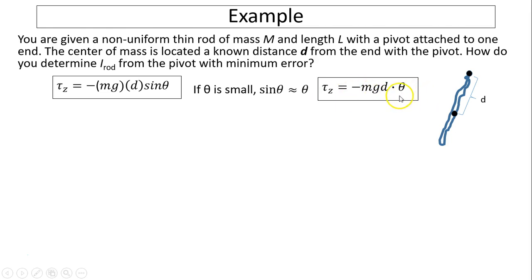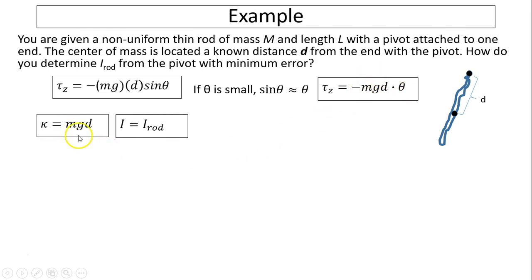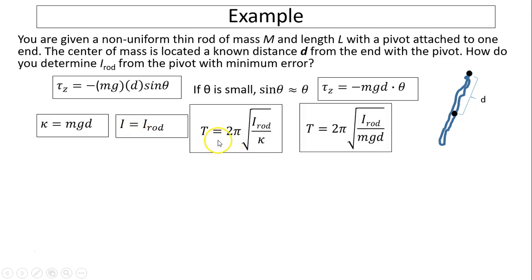That means this motion is simple harmonic, and whatever is in front of theta, that is your kappa. And here is the I, so from there we can find T equals 2 pi square root of I over kappa, so that becomes 2 pi square root of I_rod divided by mgd. So in order to find I_rod, we just need to determine T.